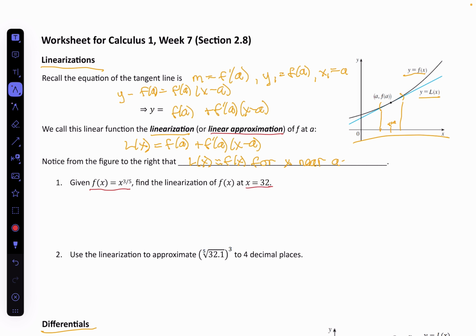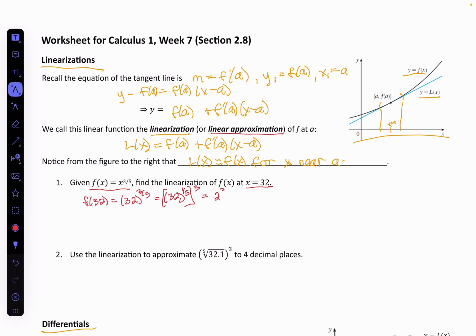Now at x equals 32, we need to find what that value is. And notice that when x is 32, we can write the 3/5 power as 32 to the 1/5, all cubed. Now 32 to the 1/5, the fifth root of 32, that's going to be 2, because you can raise 2 to the 5th power in order to get to 32.